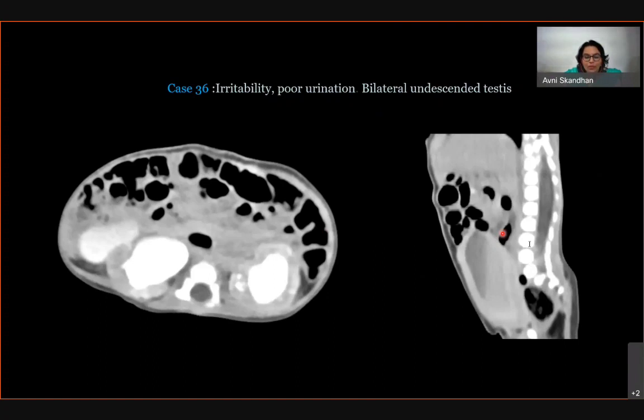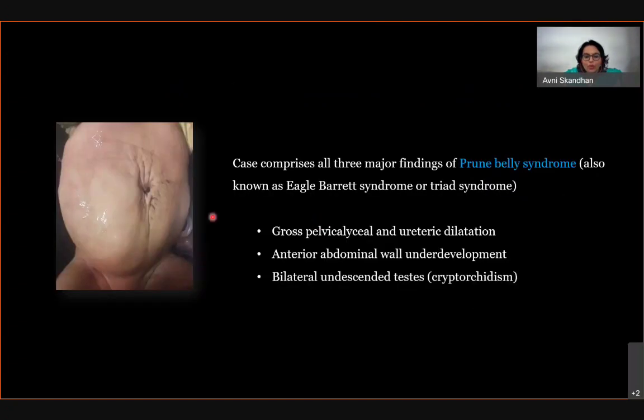Yes, prune belly. Where is the anterior abdominal wall fat? Muscles. You do not see the muscles per se here. So there's a prune belly, and you have to have the entire spectrum. I mentioned there is undescended testis already. You saw there's no anterior abdominal wall muscles well developed, and you saw that there is a dilatation of the system. So that is the spectrum of prune belly syndrome.